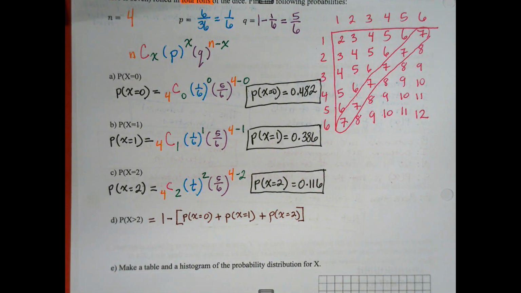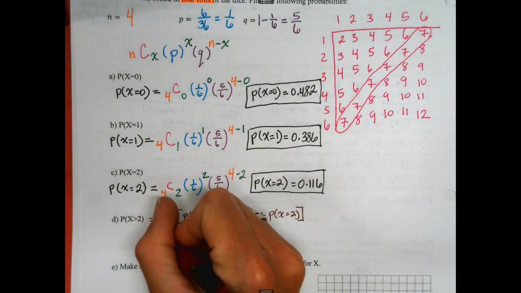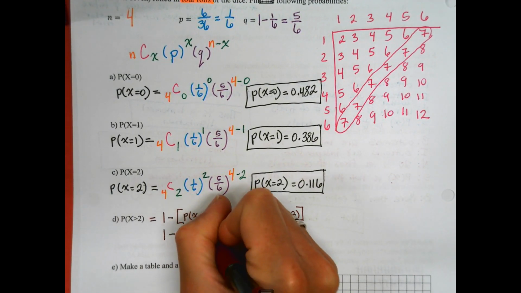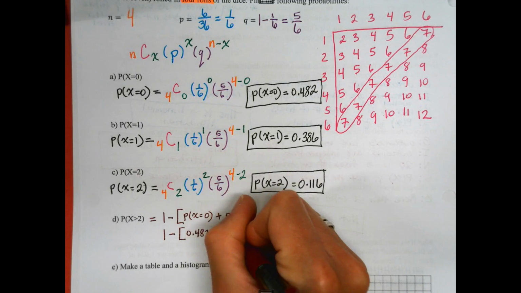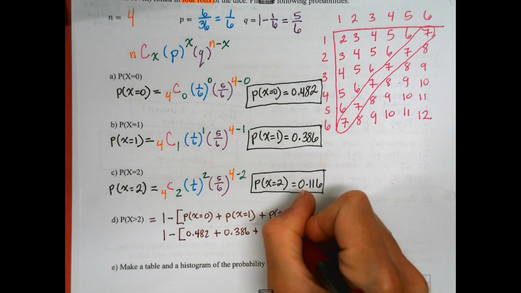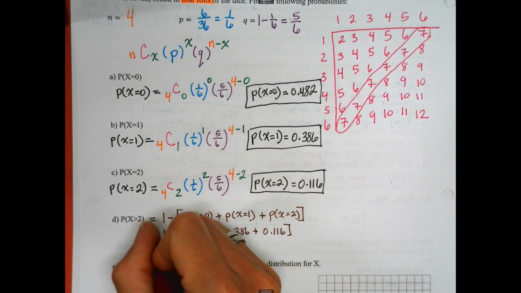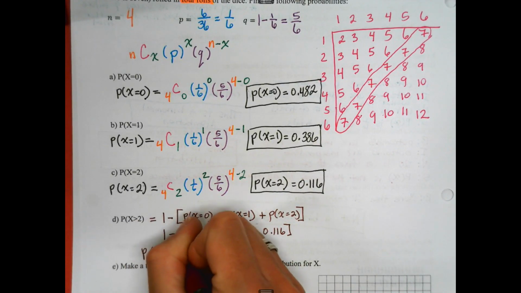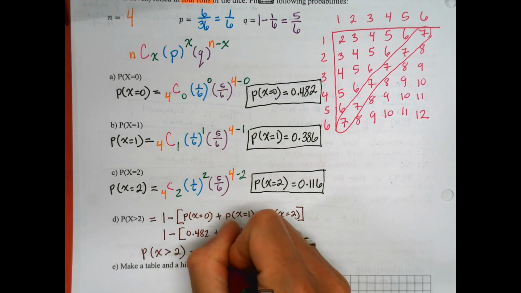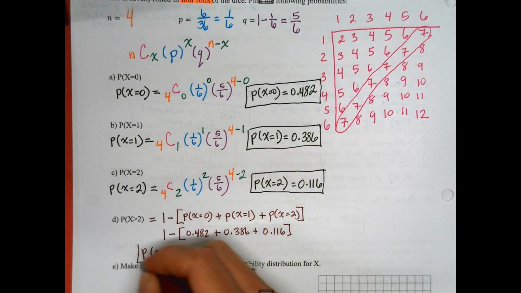And since we already found 0, 1, and 2, all we have to do is add our outcomes and subtract them from 1. And we end up with the probability that x is greater than 2 is equal to 0.016.